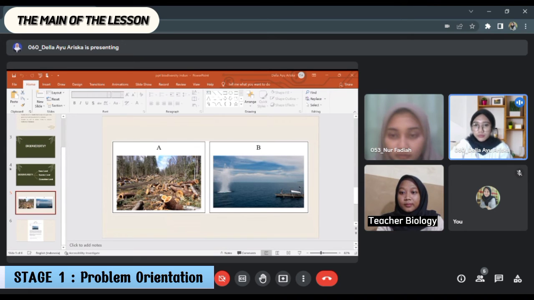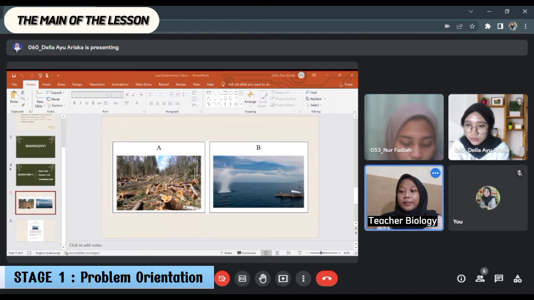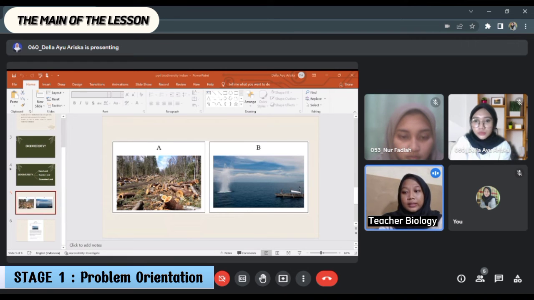Okay, me, ma'am. Picture B shows the bombing activity in the sea carried out by humans to make it easier to get fish. Okay, that's a great answer. So guys, both of these activities have a negative impact on the biodiversity in it and cause damage to the ecosystem.